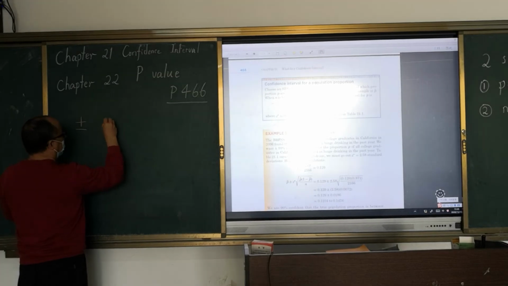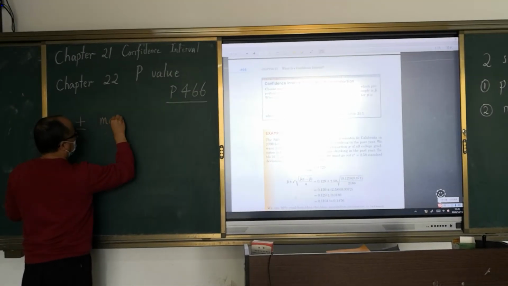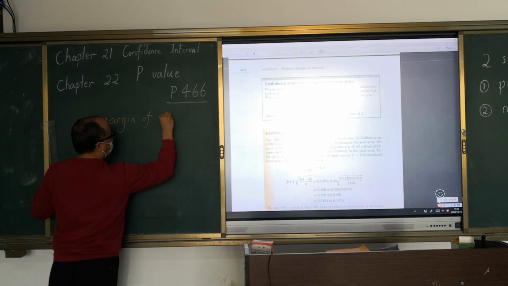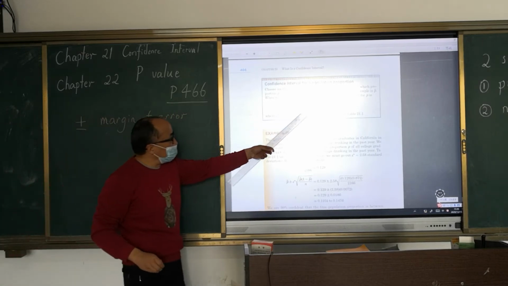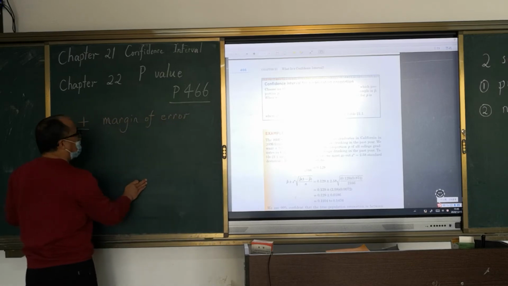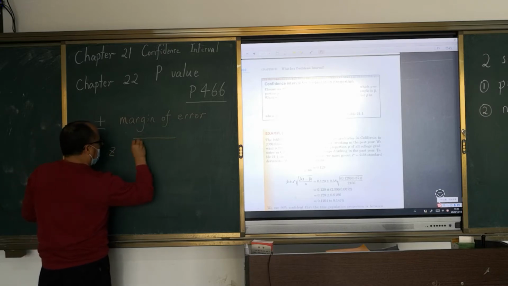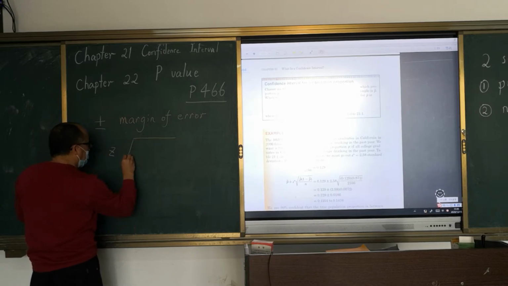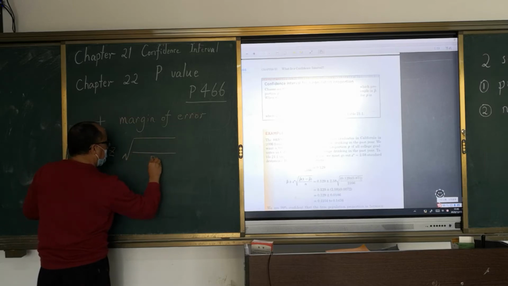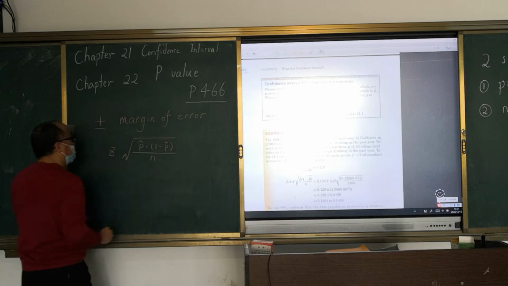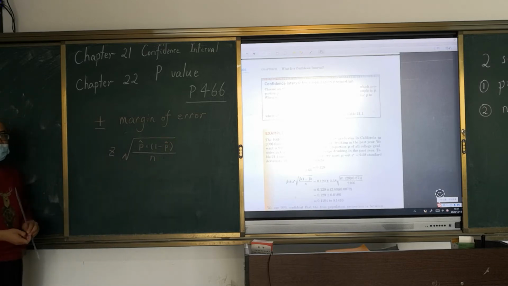I copy it down for students who cannot see. That's the z number times the standard deviation.